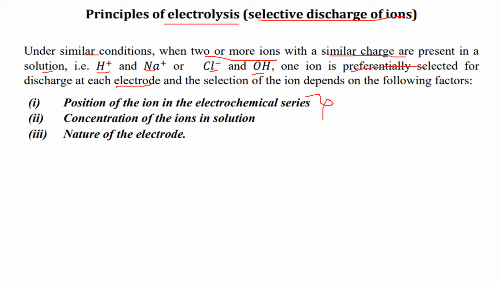Now remember that I said at the cathode we have reduction taking place, and the cathode discharges cations. The anode is where we have oxidation taking place, and it deals with anions.